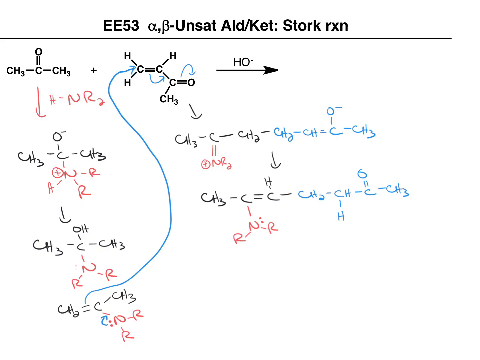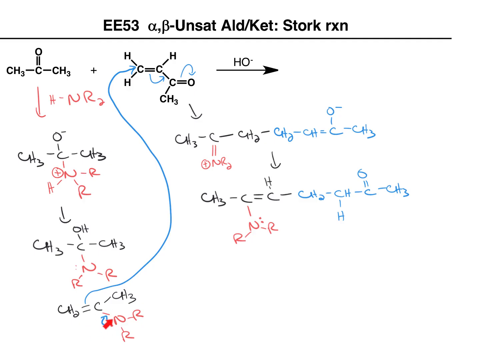But let's keep in mind, when we talked about nucleophilic addition to aldehydes and ketones, we saw that these reactions were reversible. So an aldehyde or ketone plus a secondary amine will lead to the formation of an enamine.